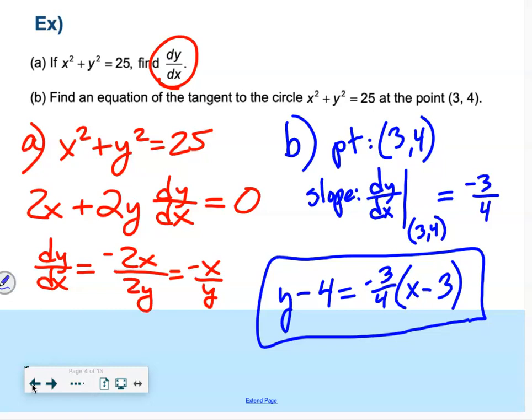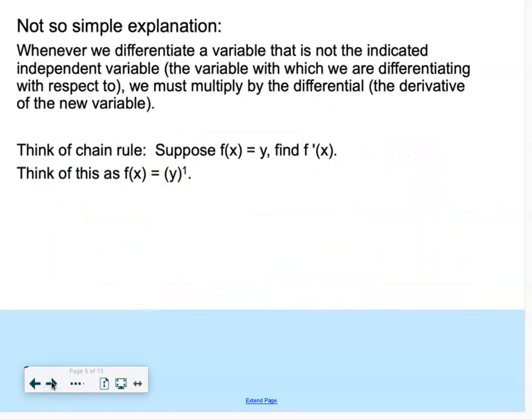All right. Now, let's learn why we have to multiply this guy by a differential and not this guy. So, suppose f of x equals y. So y is f of x. Think of this as y, not y prime, but y to the first power.